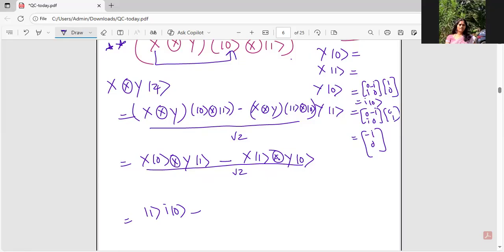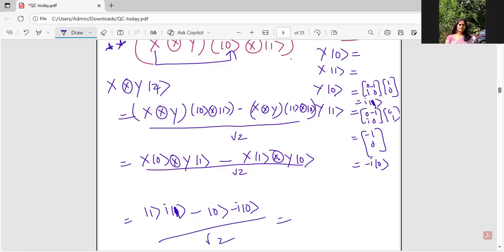Something I messed up; just a second. This is face flip and bit flip. Phase flip because there's a change in sign. Now this is minus i into ket 0, and this is i into ket 1. So this is i into ket 1 minus i into ket 0, by root 2.